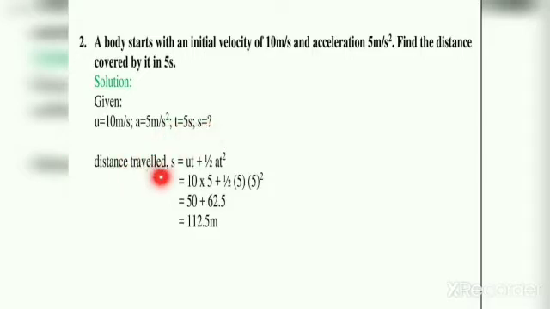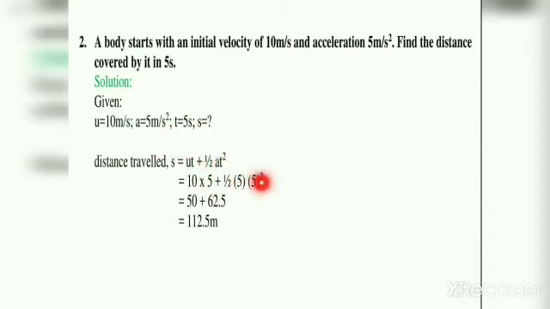For the distance traveled, you know the formula s = ut + half at square. The initial velocity is 10 and time is 5, plus half into a, which is 5, and t square, 5 square.